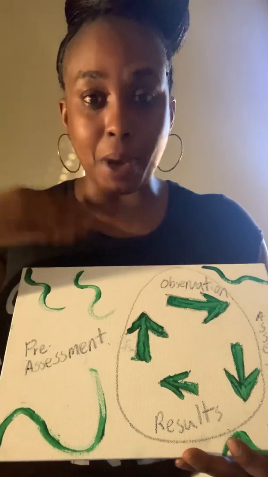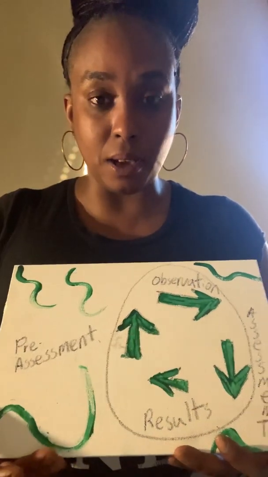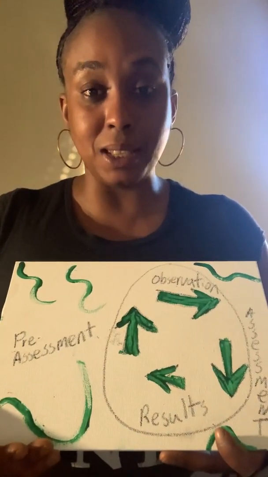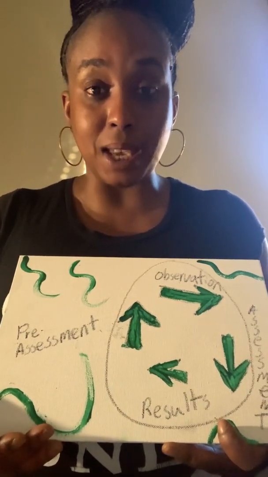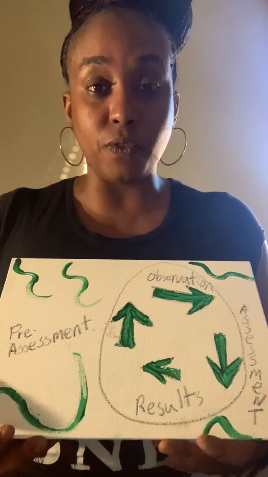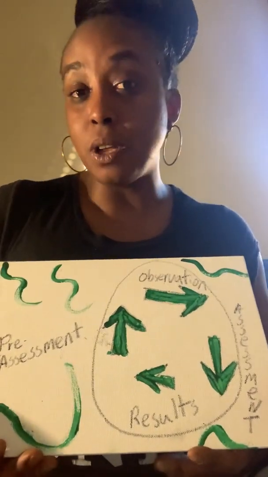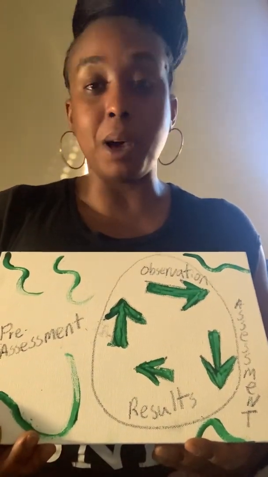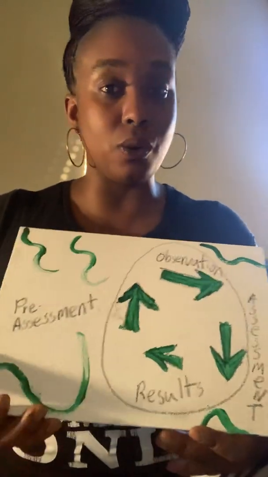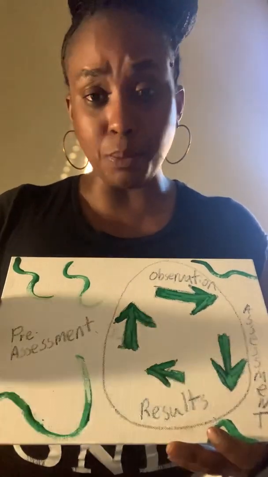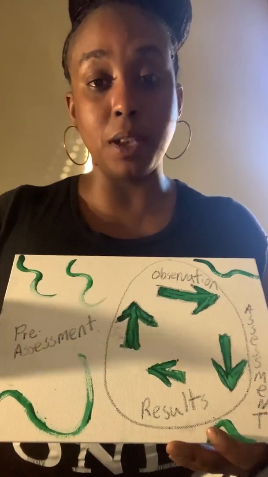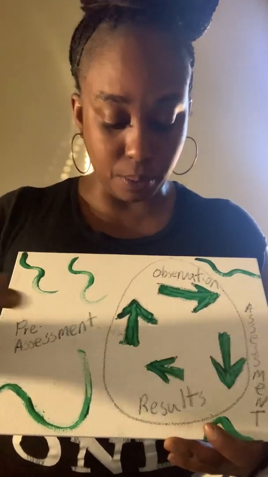For me, my understanding of the pre-assessment is, for example, I have a book that I know a lot of students are familiar with, the Itsy Bitsy Spider. What information do they have about the book or the spider or anything like that? So that's the pre-assessment. That's for me to determine what they already know.